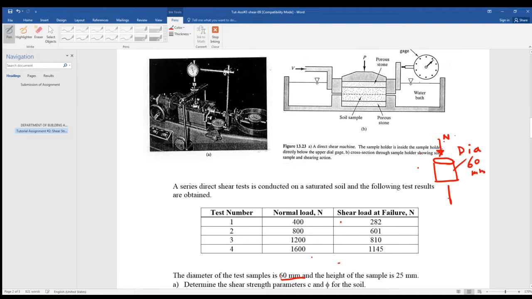Then you apply a shear force and try to shear it off, so this specimen will be sheared off into 2 pieces, right?